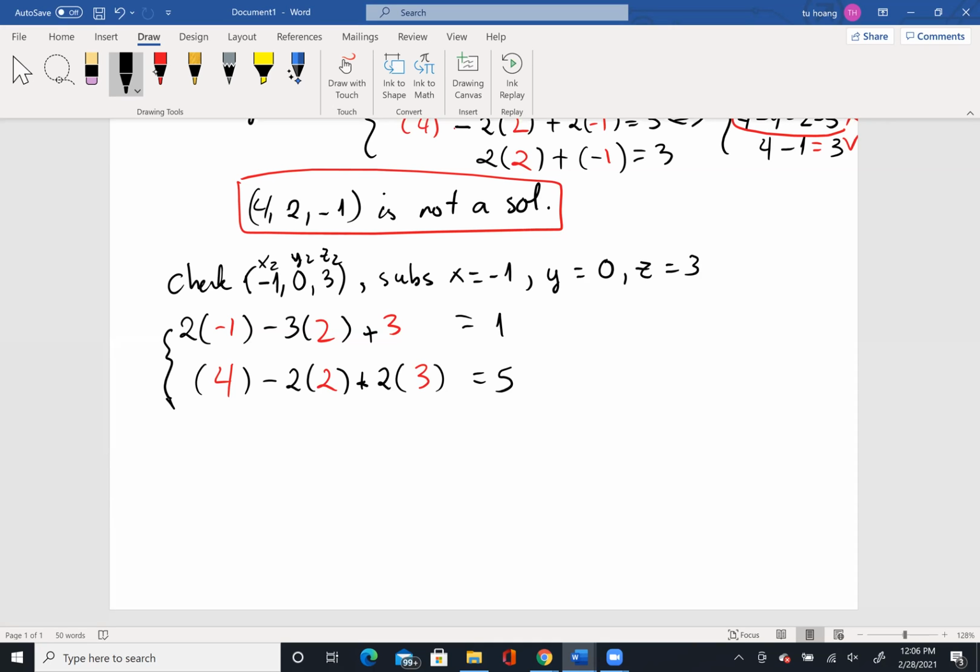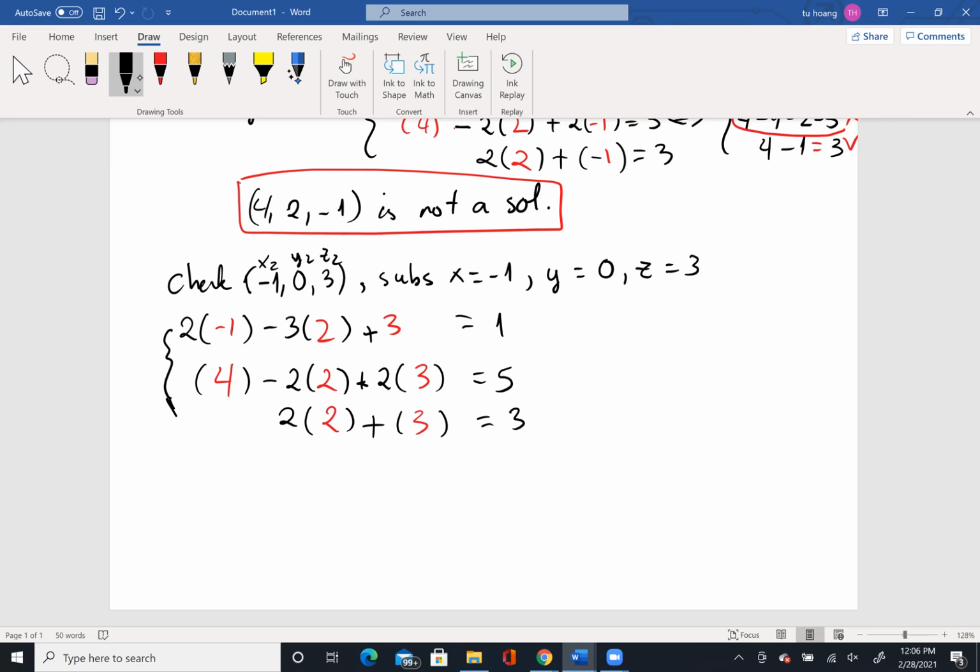And the last equation is 2 times y plus z, which is 3, equal to 3.